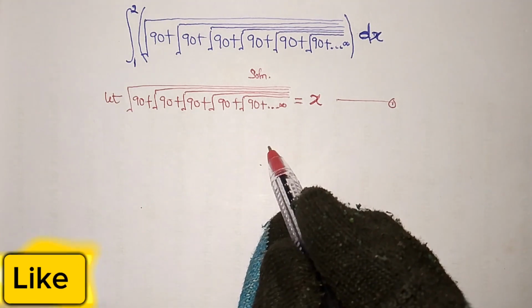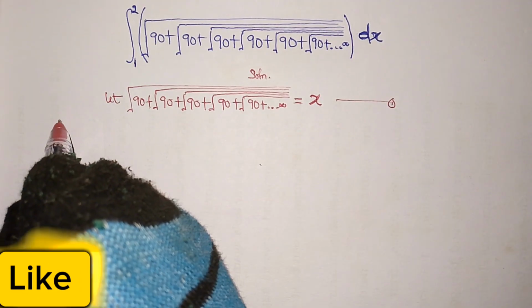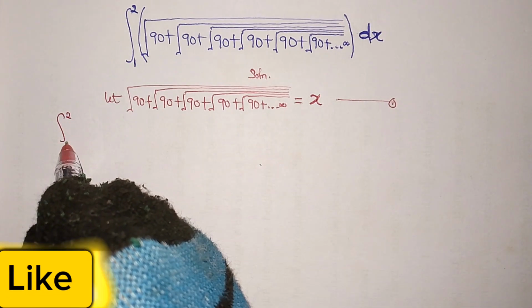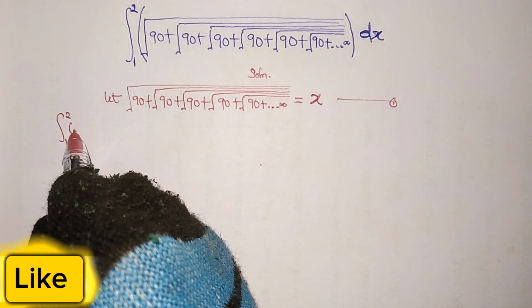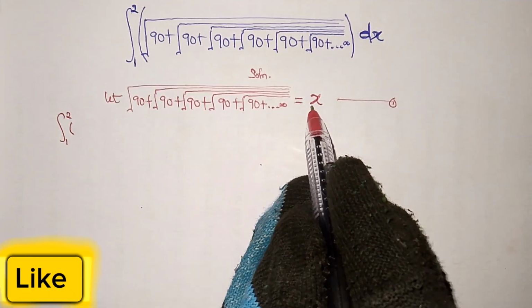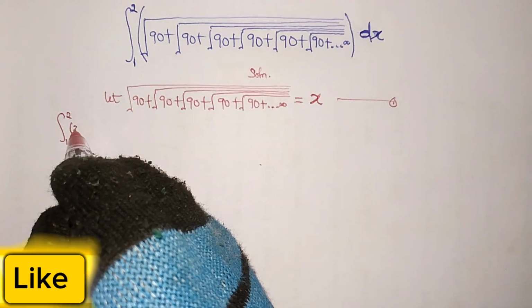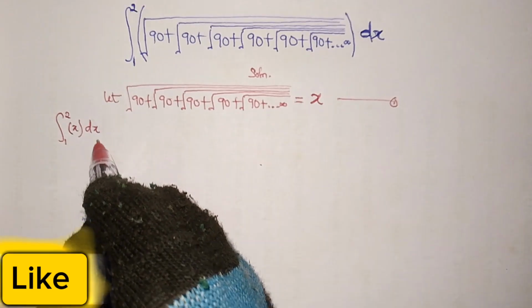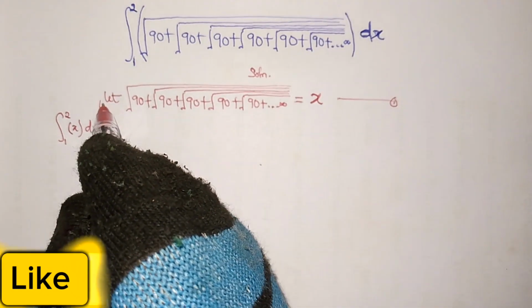From this, we now have in the general equation the integral with upper limit 2 and lower limit 1, where we substitute x in place of the whole expression, and we now have x dx. So this is what we have obtained.